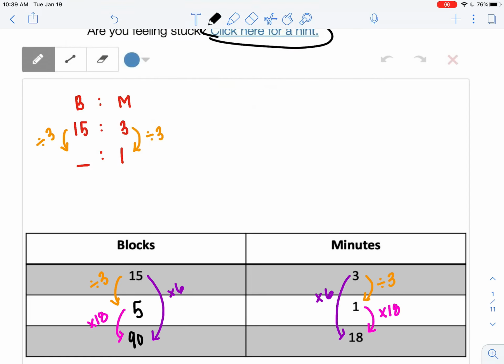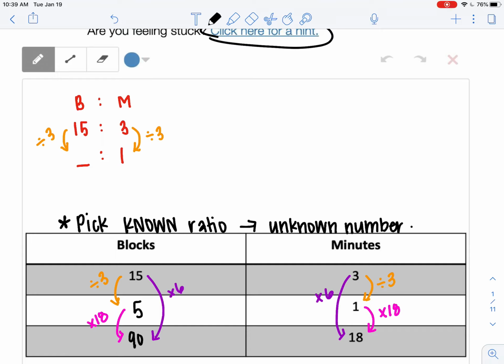Either way will work. The key is just that you pick your known ratio. Once you've decided the ratio that you know, that will lead you to your unknown number. Pretty easy, consistent strategy.